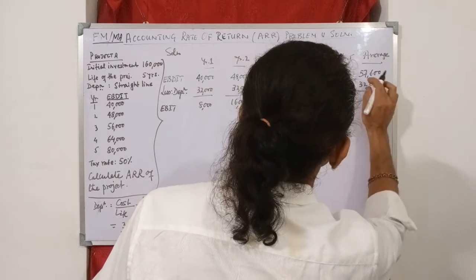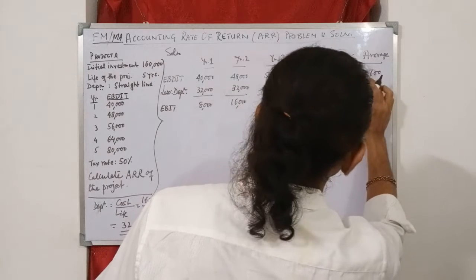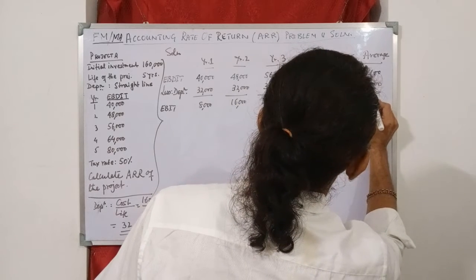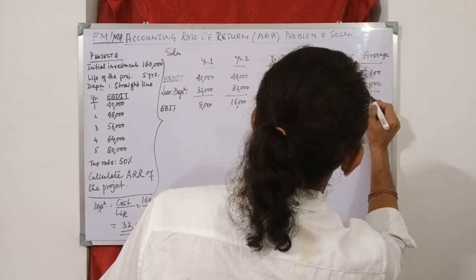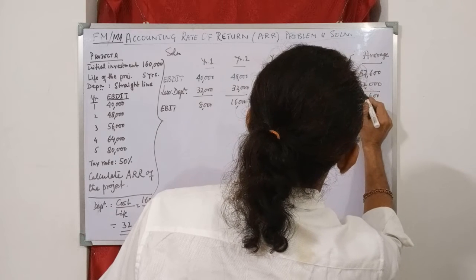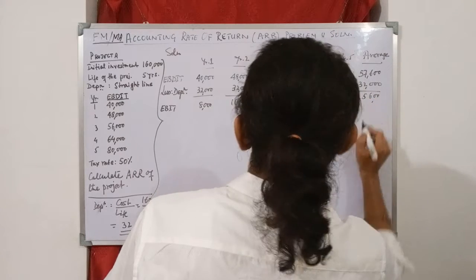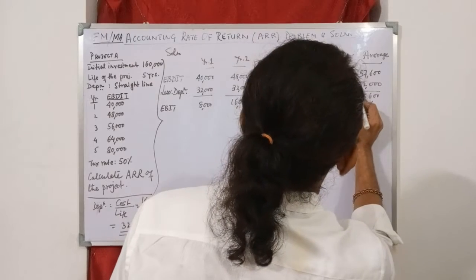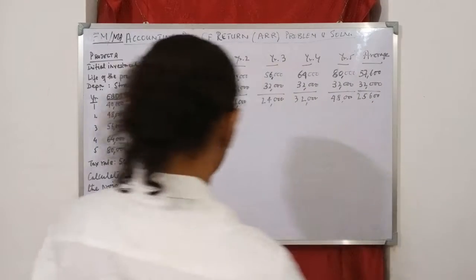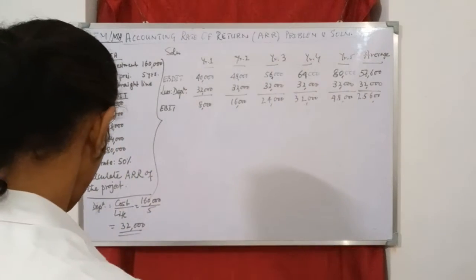And this is 57,600 minus 32,000. This comes to 25,600. Right?